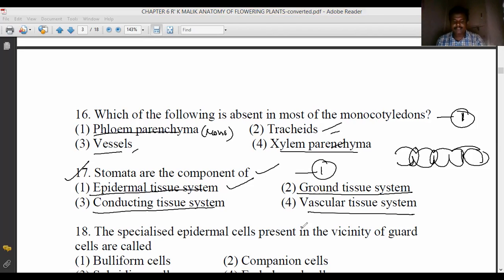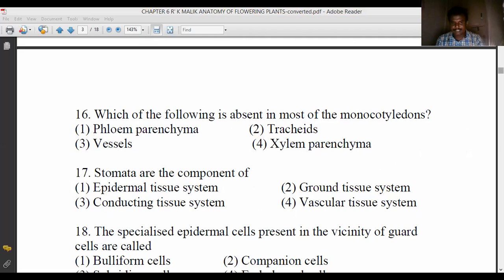The epidermal tissue system includes epidermis, stomata, lenticels, and trichomes, while the ground tissue system includes all tissues excluding the vascular tissue system and the epidermal tissue system. So for the 17th question, the correct option is 1. The remaining 3 are wrong options.